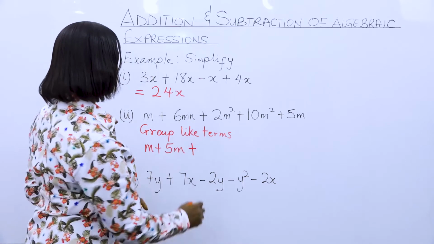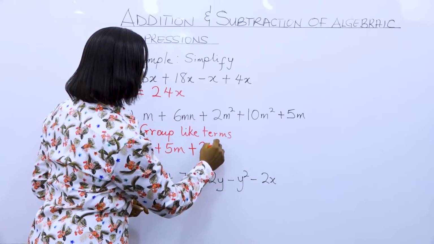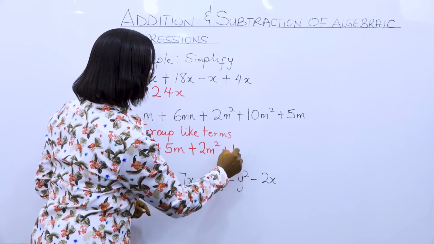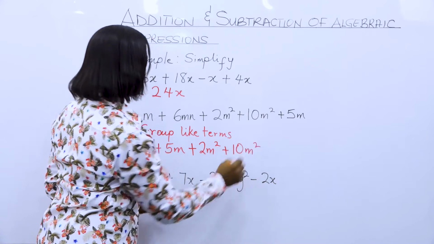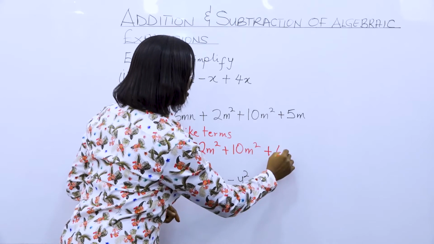So plus 2m squared plus 10m squared plus 6mn.